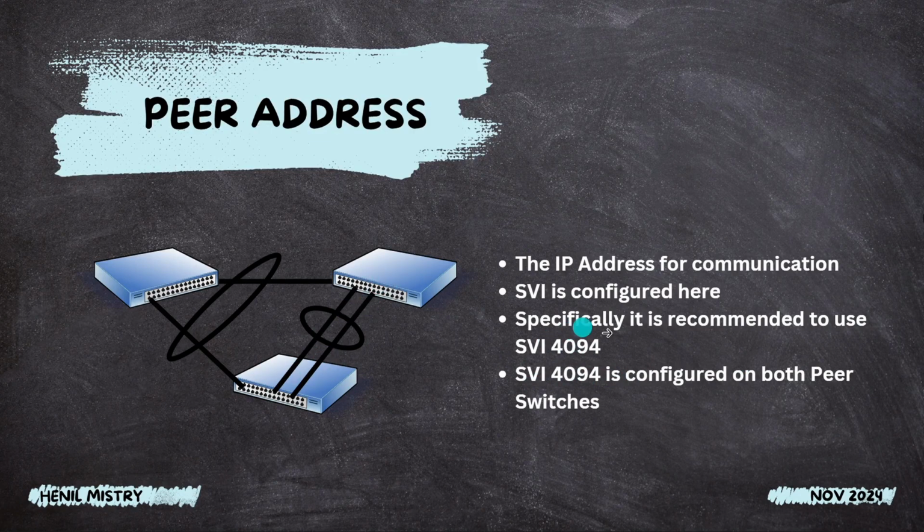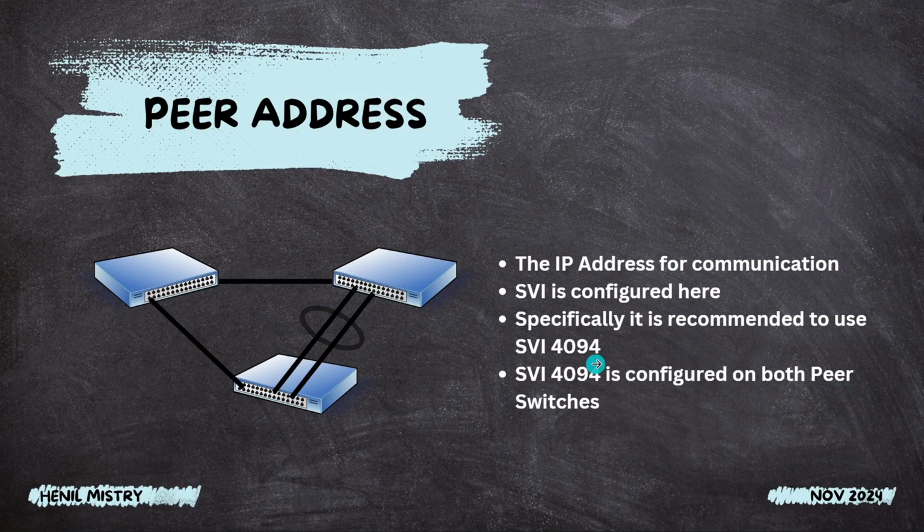So that is the rule, or you can say the recommendation that we need to follow. So they will communicate using this SVI, and all the packet exchange will happen with the help of this SVI 4094 and the IP address that we have configured.